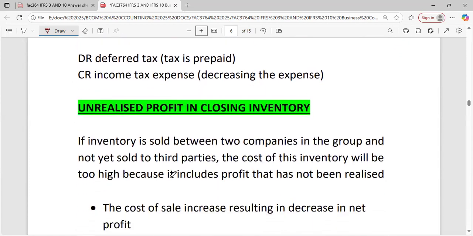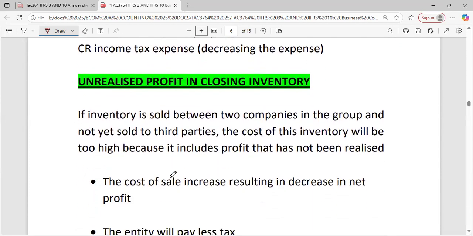Then let's look at unrealized profit in closing inventory. When you have closing inventory, it arises as a situation where inventory is sold between two companies in the group and not yet sold to third parties. The cost of this inventory will be too high because it includes profit that has not been realized.